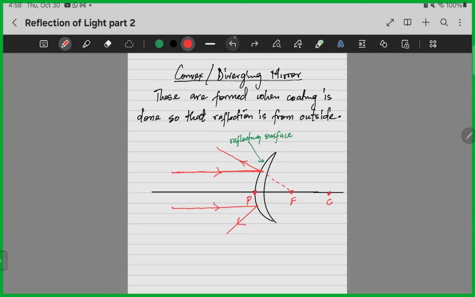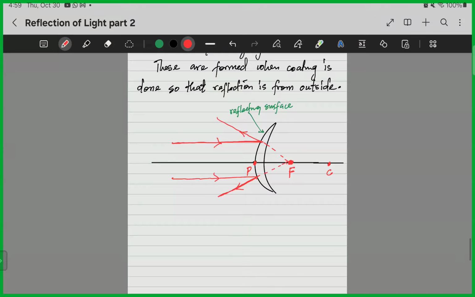Leftover of that bounce is what gives you your image.